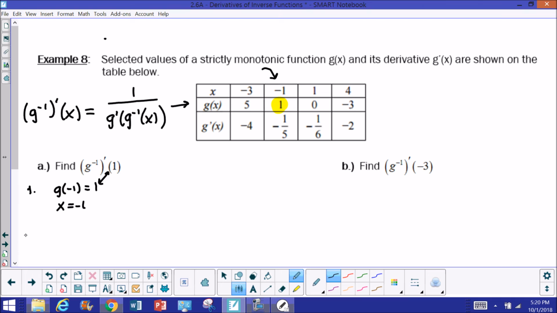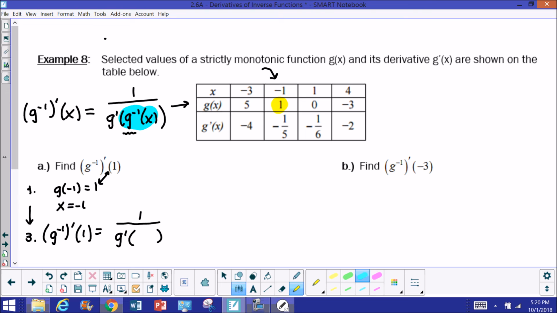So you would move strictly to step 3 that I showed before, and that's basically using the formula up above, saying that g inverse prime evaluated at 1 is 1 over g prime evaluated at, and all of this stuff that I'm highlighting here in blue, this g inverse of x, this seemingly looking y value, is this x value that we found because they're inverse relationships.